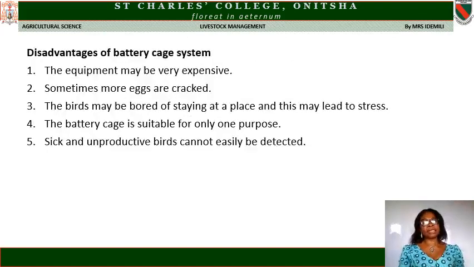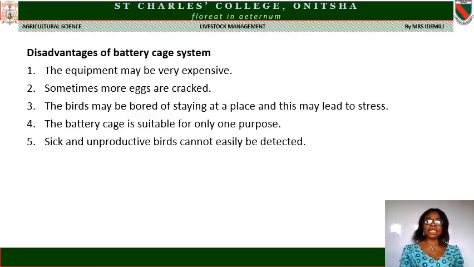Disadvantages of the battery cage system. Number 1, the equipment may be very, very expensive to procure. Number 2, sometimes the eggs are cracked. When they drop on the material that is used in making the cage, they can easily crack. Number 3, the birds may be bored of staying in one place, and this may lead to stress, and stress may lead to low production of eggs.